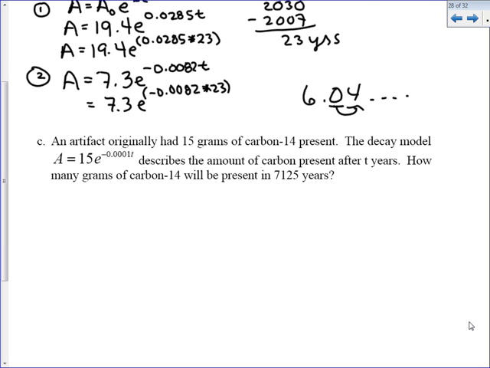You should always care about the equation if they give you one to work with. It tells you right there how we're going to represent this decay. And we know it's a decay because the constant here is negative.